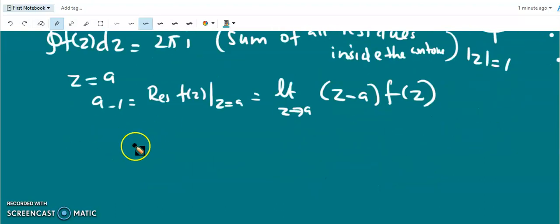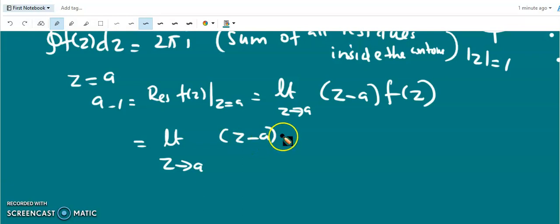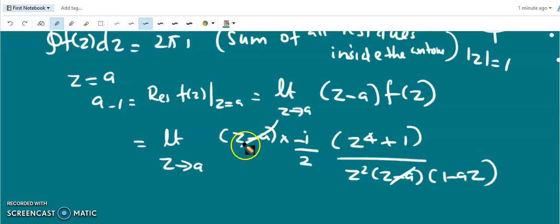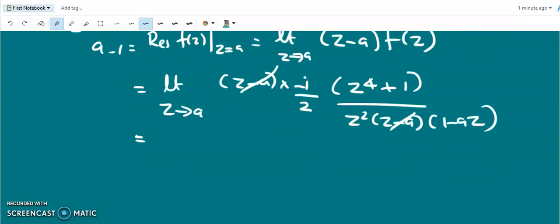So substituting f of z over here, we get the limit z tends to a of (z minus a) into minus i by 2, z raised to 4 plus 1, divided by z square into (z minus a) into (1 minus az). z minus a and z minus a cancel, and we will get this.